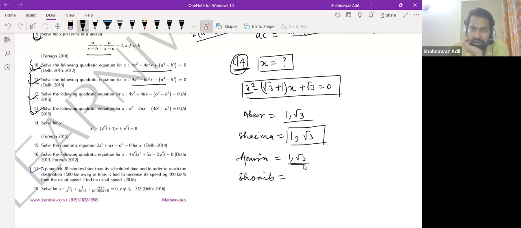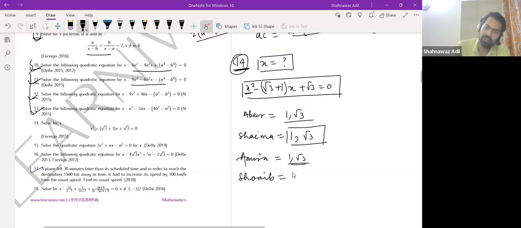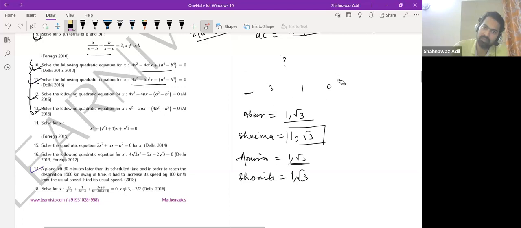Or if you have a doubt, then we'll discuss this question. Okay, so Shoaib also got it. We don't have any disagreement in the question, so let us skip that one.